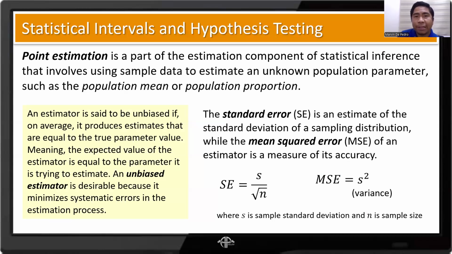And what we need is an unbiased estimator. An estimator is said to be unbiased if on average it produces estimates that are equal to the true parameter value, meaning the expected value of the estimator is equal to the parameter it is trying to estimate. We're going to see that later.